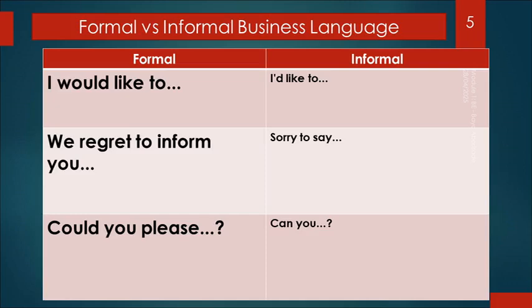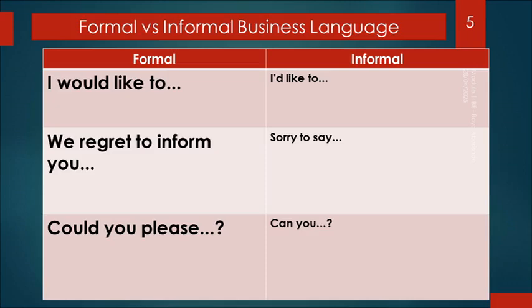Thirdly, could you please answer this question for me? Could you please do this for us? Could you please elaborate on the point you are making? Rather than say in the informal, can you explain yourself further or better?